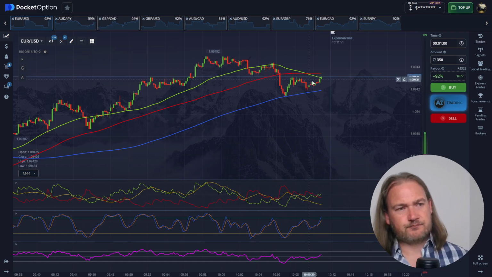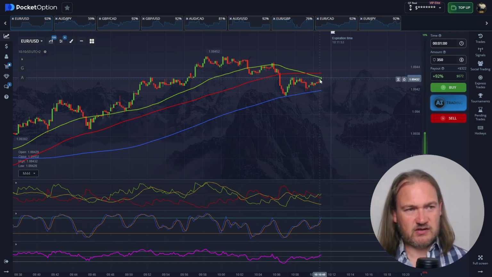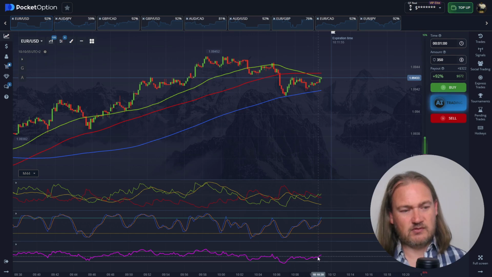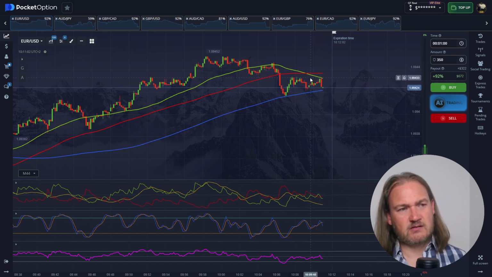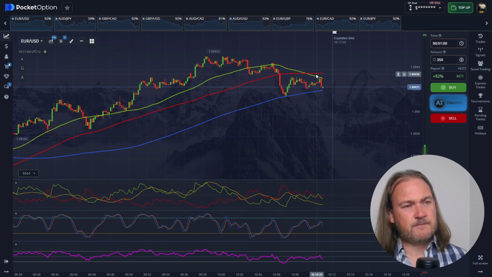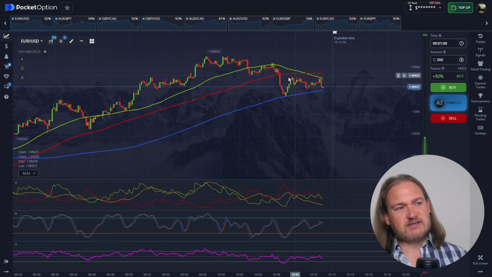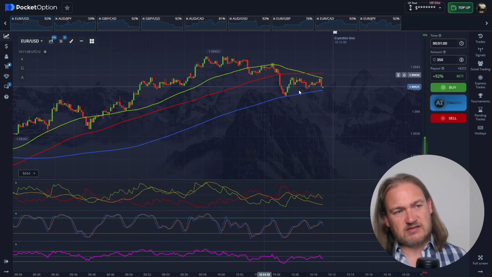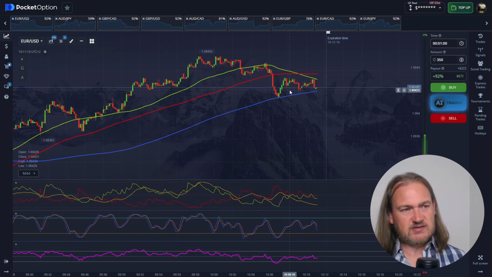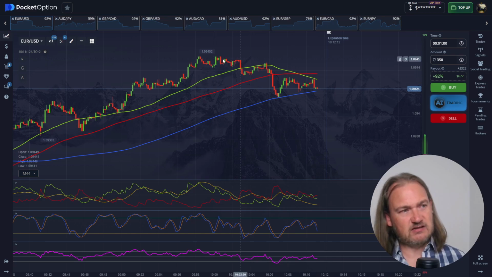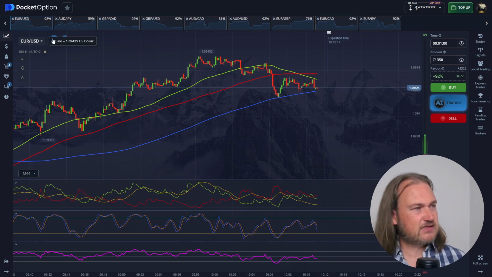So for those of you wondering why I didn't take the trade when the RSI hit the middle line here, it was below the moving average. The reason is that this is not a strong trend at the moment. This area is basically flat, and we had two flat areas. Actually, you know what? Let's draw them in.